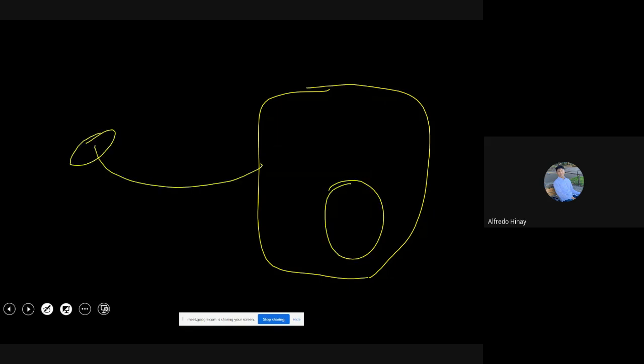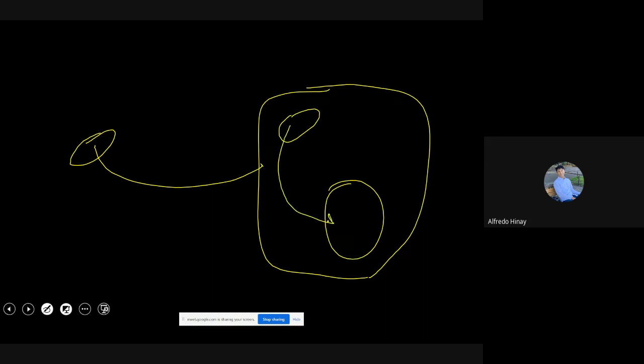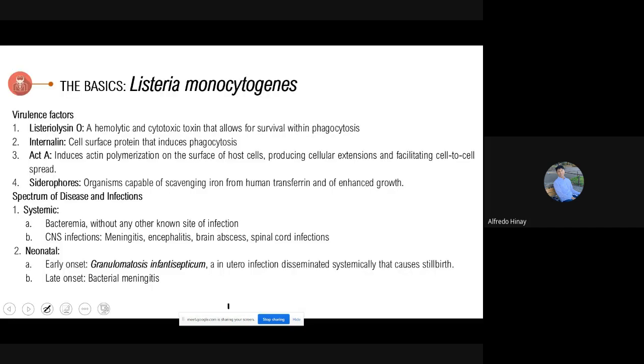Your Listeria is an intracellular organism. So what it does, class, it releases listeriolysin O, LO, that will inhibit the protein synthesis. So they will be able to survive inside the cell and replicate. That is how smart Listeria monocytogenes is, class.